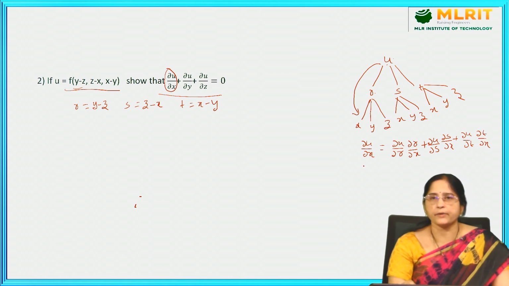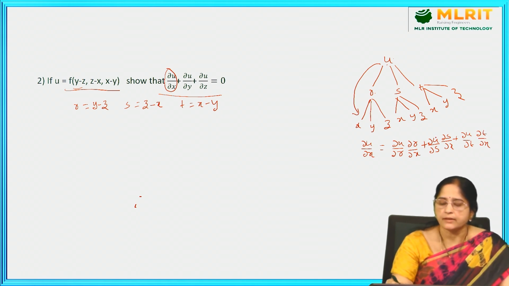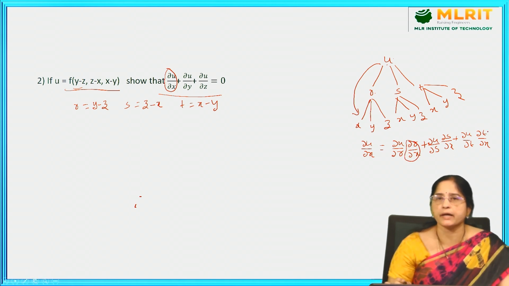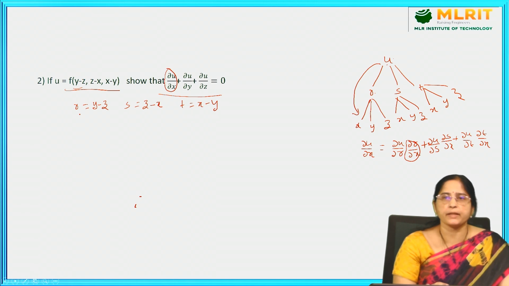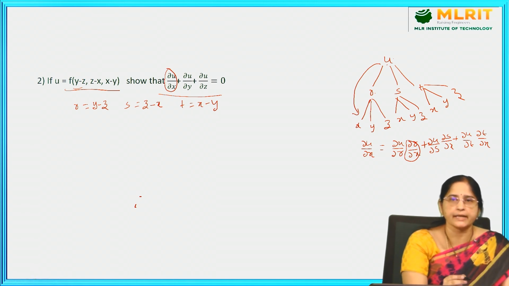Similarly, you can write dou u by dou y, dou u by dou z. So that means we need dou r by dou x, dou s by dou x, dou t by dou x. That's why first find out the partial derivatives of r, s and t.